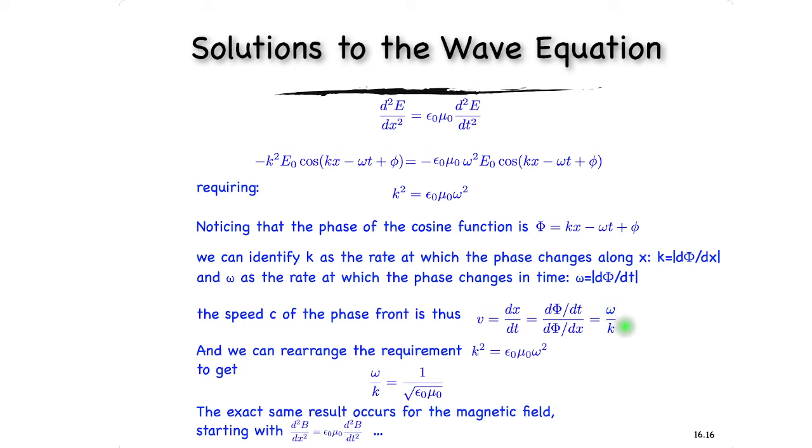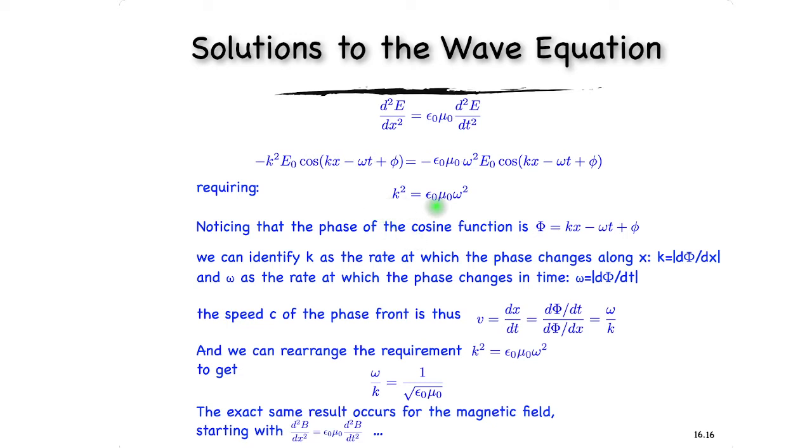Now, this constraint that I have when I evaluate my second order differential equation with my guess for what the electric field should look like needs to be satisfied in order for that guess to be a solution.